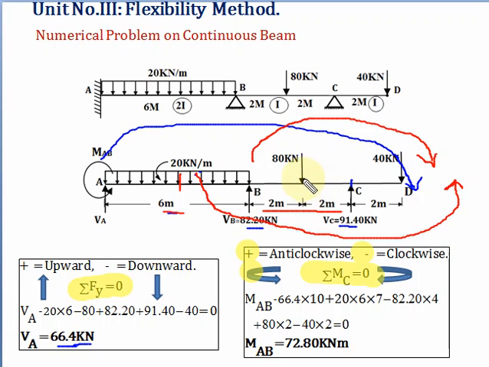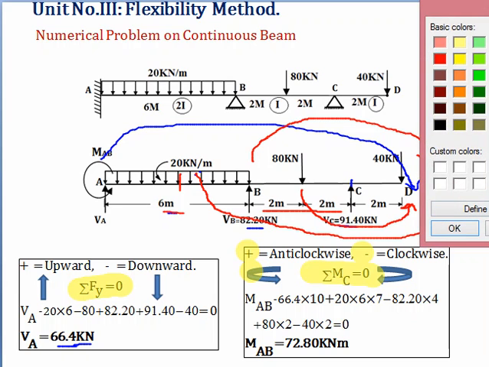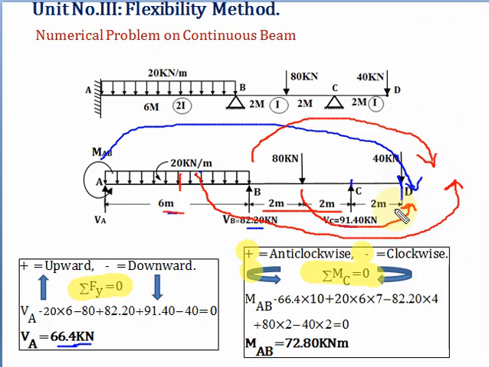Then the point load 80 kilonewton will act in anti-clockwise direction, so 80 multiplied by the length 2, and the 40 kilonewton will act in clockwise direction, so minus 40 into 2, equal to 0. By solving this, we get the moment in member AB as 72.8.